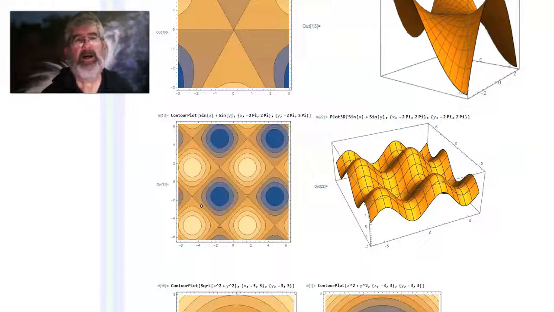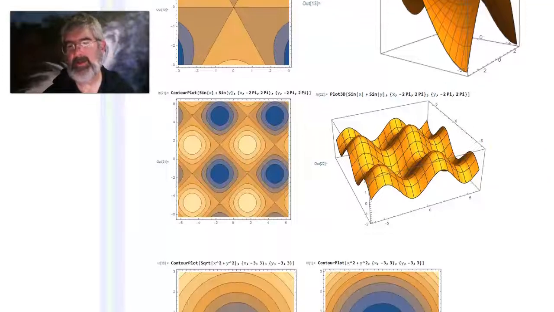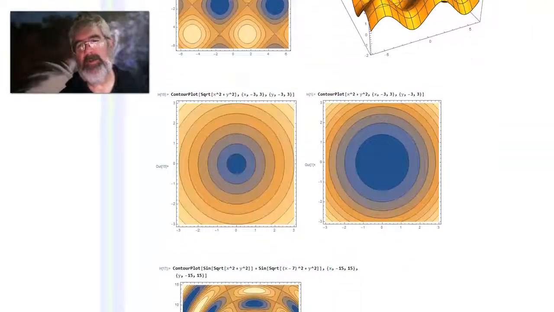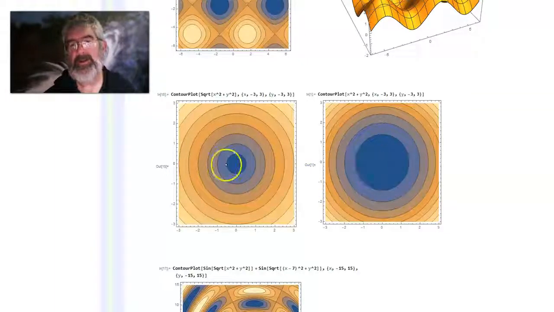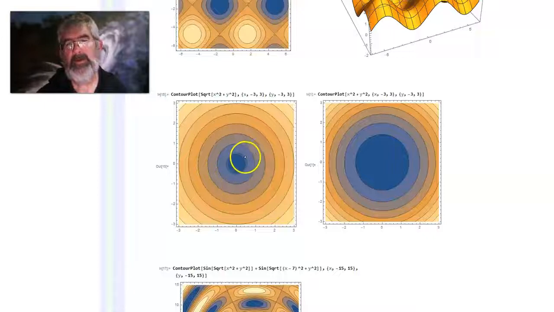One last one, let's just take a look at. 2 things left to do. One is I just wanted to point out the difference between a couple of different surfaces in that these both have circular cross sections here, circular contours, but these are equally spaced. This is a cone.